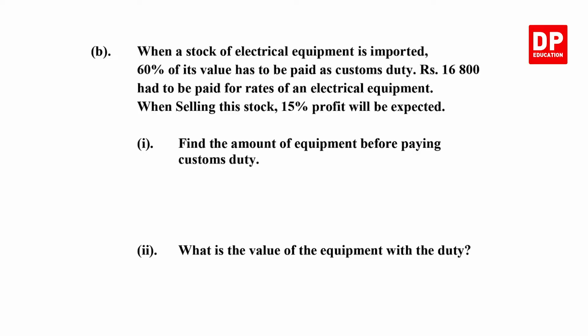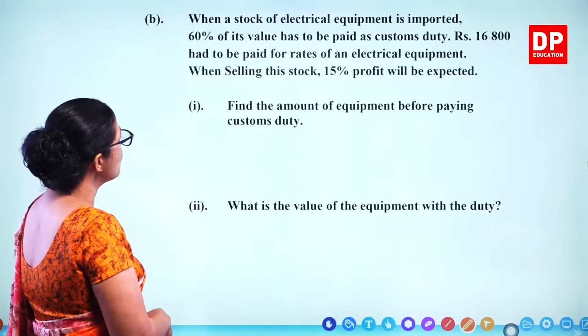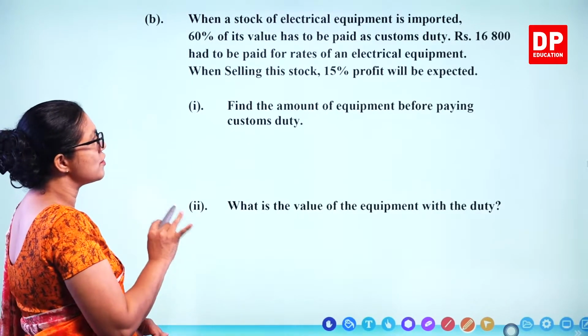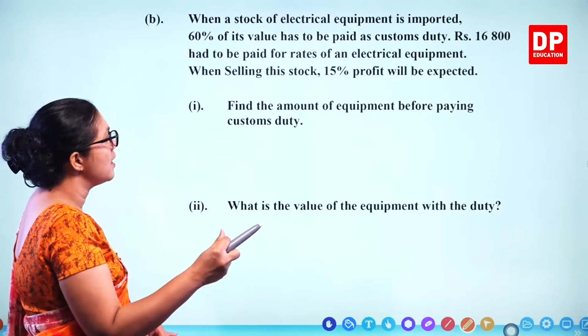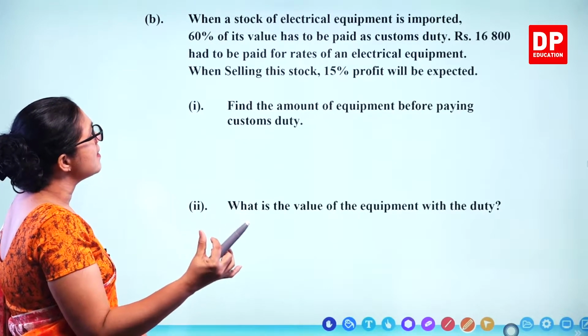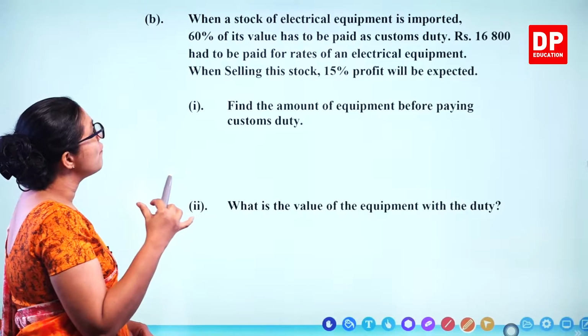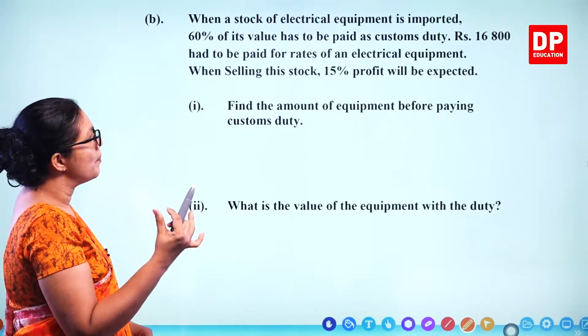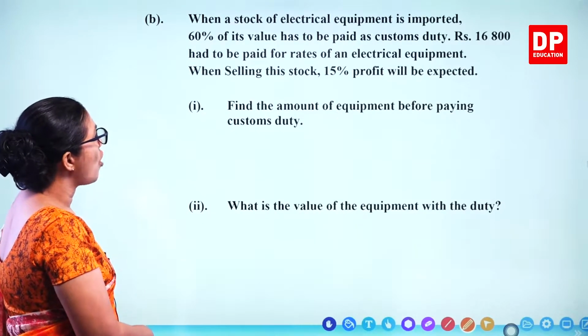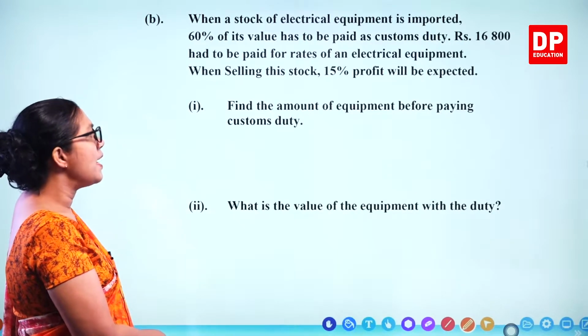Part B. When a stock of electrical equipment is imported, 60% of its value has to be paid as custom duty. So 60% value is custom duty. And then 16,800 had to be paid for rates of an electrical equipment. When selling this stock, 15% profit will be expected.